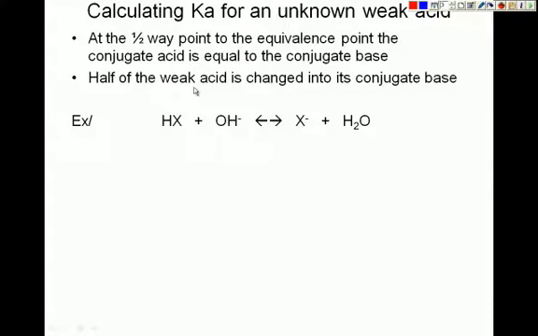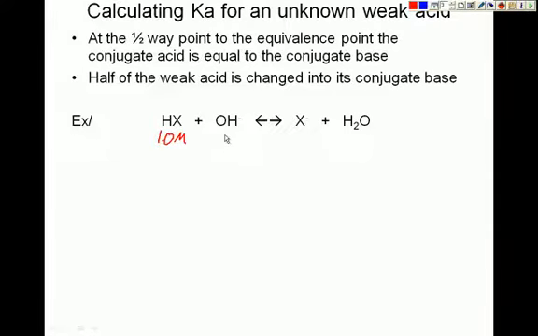So imagine we have 1 mole of some unknown acid. So we start off with 1.0 molar acid, and as it says here, at the halfway to the equivalence point, we'll get something. So remember, equivalence point would be 1 molar of this plus 1 molar of OH.